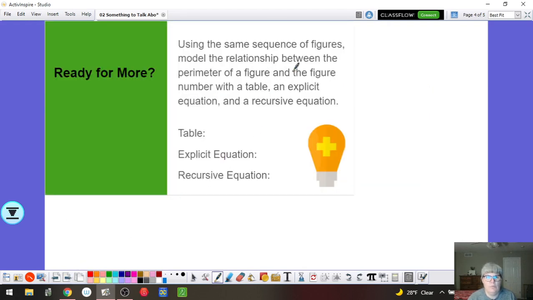Let's take a look at what happens when we're comparing the perimeter. So we're going to use the same sequence of figures, but we're going to look at perimeter. So the first figure was 1 square. And perimeter, if you remember, is the distance around.